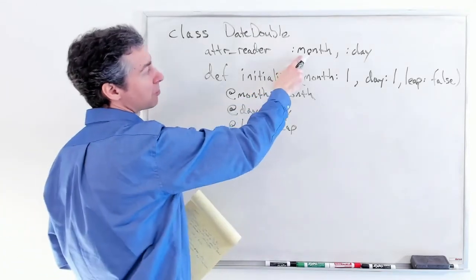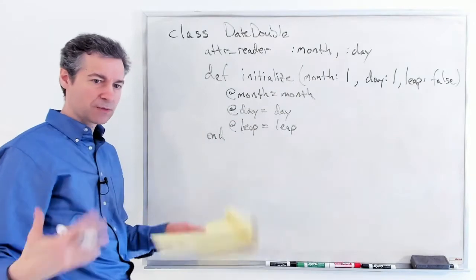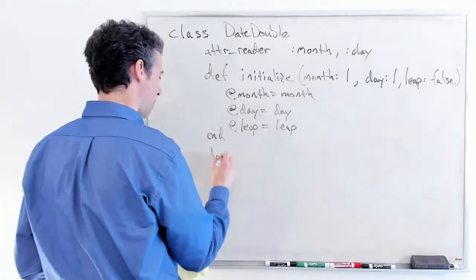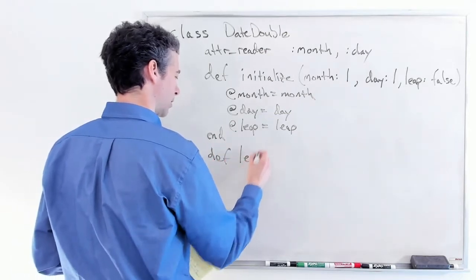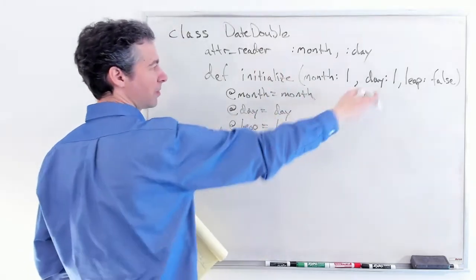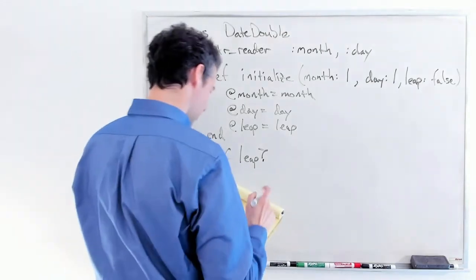So the attribute reader will give me back month and day, but because I've got this fancy leap question mark method, I actually need to create it. So def leap. There might be some way to use attribute reader and stuff with the question mark, but I couldn't find a way to do it. So this does work.